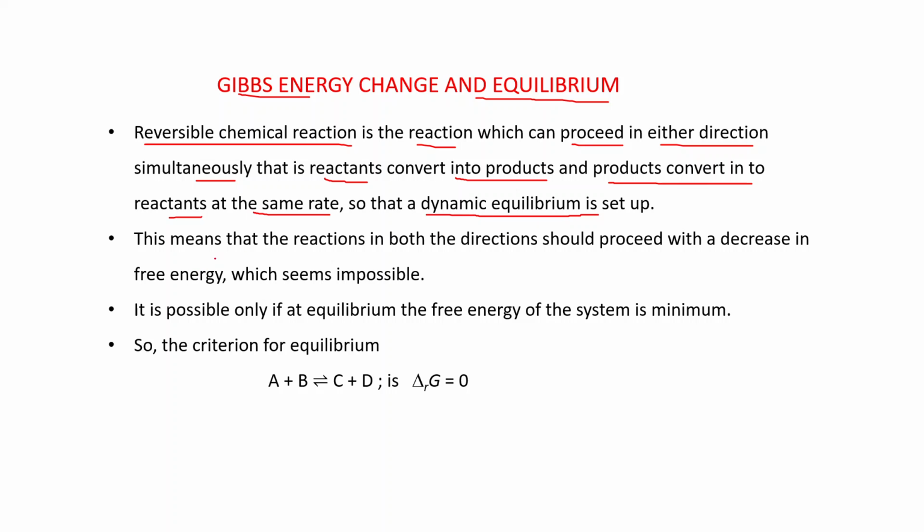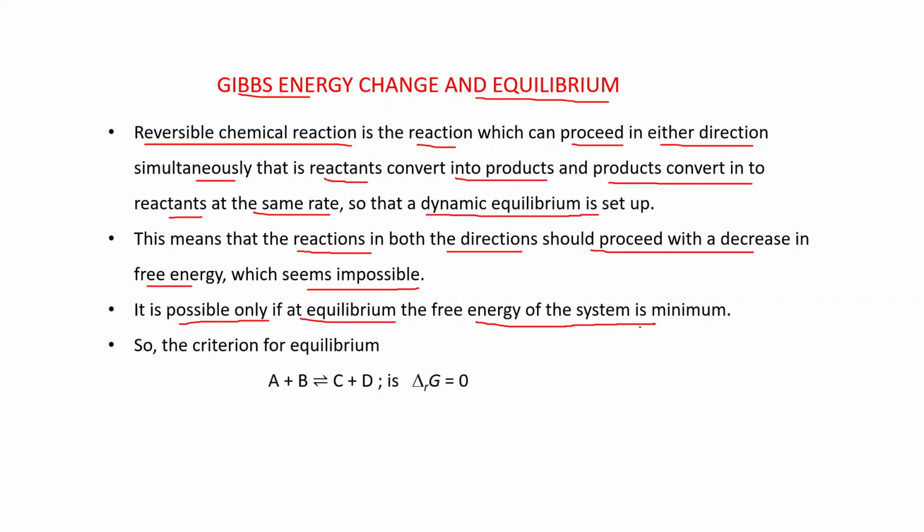This means that the reactions in both directions should proceed with a decrease in free energy, which seems impossible. Clear? It is possible only if at equilibrium the free energy of the system is minimum.